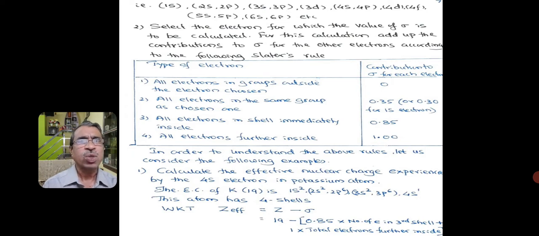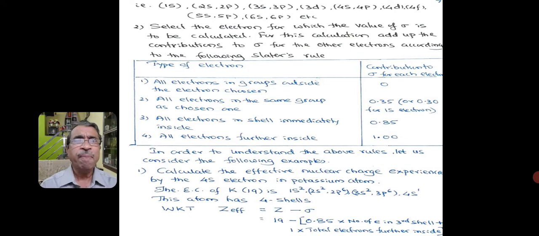6p, and so on. After writing the electronic configuration of the atom, select the electron for which the value of the screening constant is to be calculated. For this calculation, add up the contributions to sigma from the other electrons according to Slater's rules.